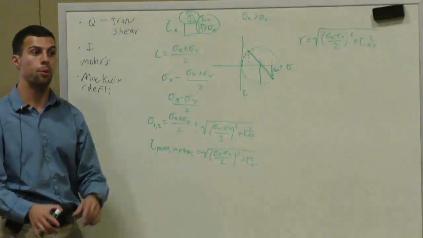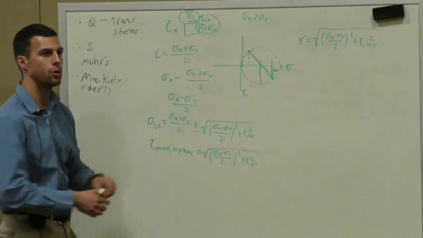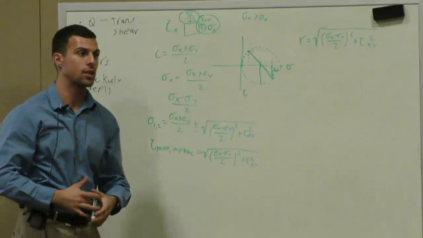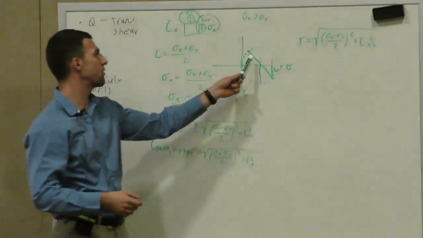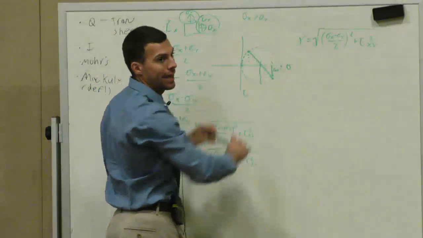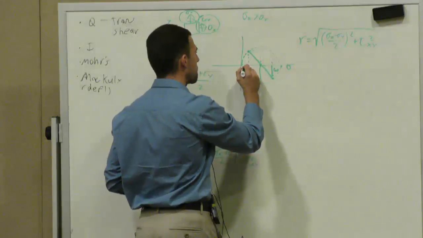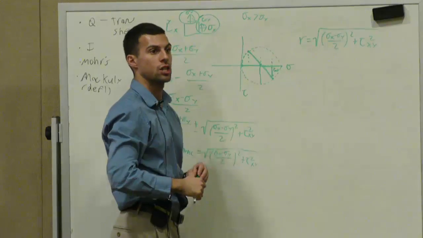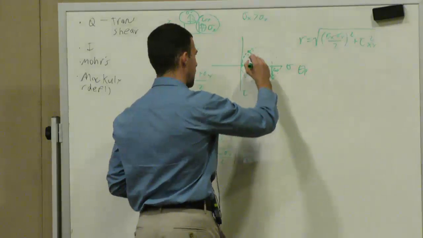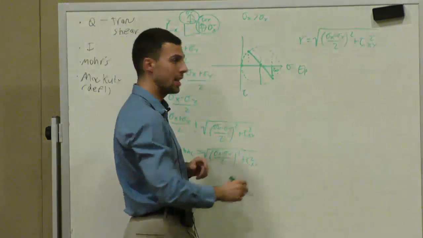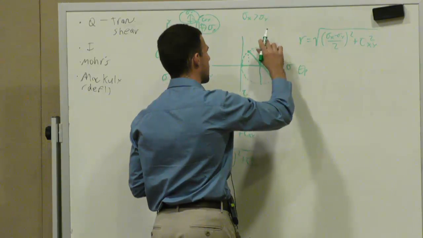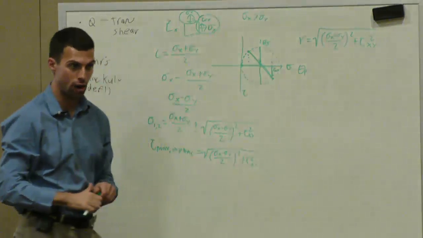Those are the different planes. Remember, the whole thing that we're doing is rotating this element through some 360 degrees or so. So each of these diameters represents one of those planes, with this one being your principal plane, your theta p, this one being the theta that we originally saw it in, and this one being the theta s, the plane of maximum shear stress.